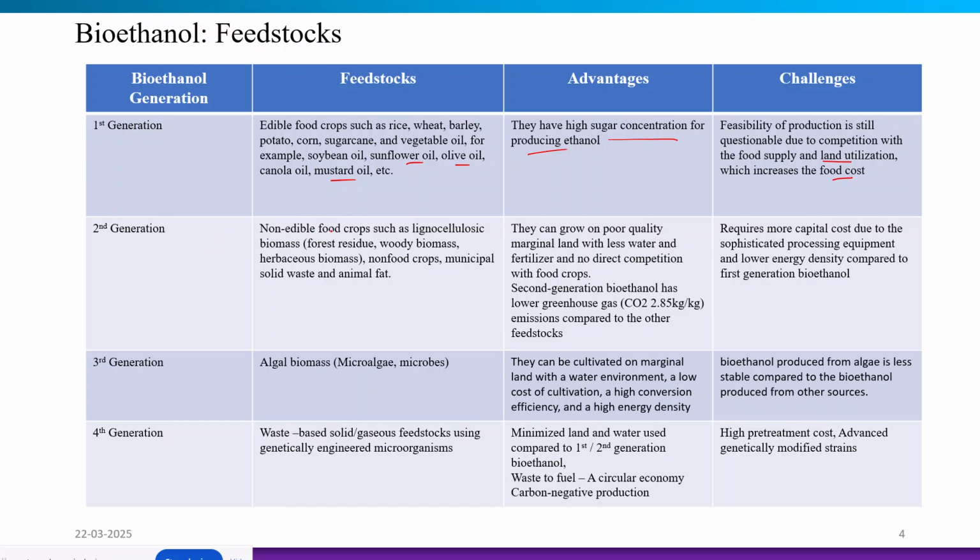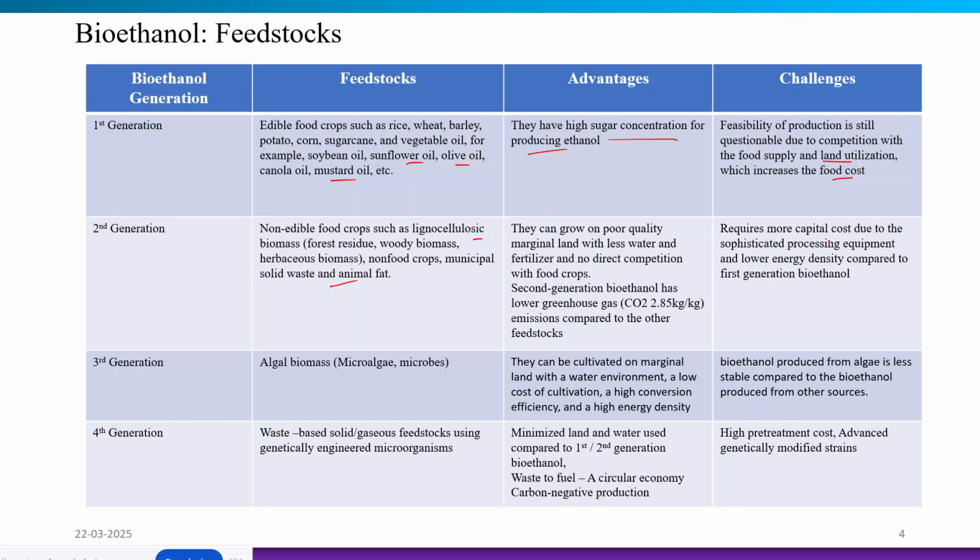There we have non-edible crops like lignocellulosic biomass, for example forest residue, woody biomass, herbaceous biomass and municipal solid waste as well. Their advantage is they can grow on poor quality marginal land, they utilize very little water, and very little fertilizer is required, because these are residue and waste material that we are utilizing. This second generation bioethanol also has lower greenhouse gas emission compared to the other feedstock.